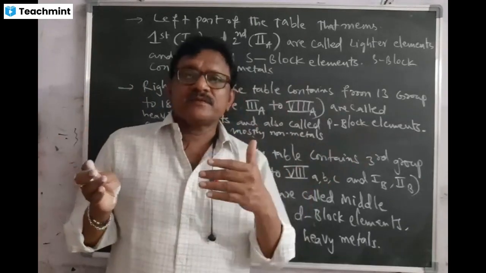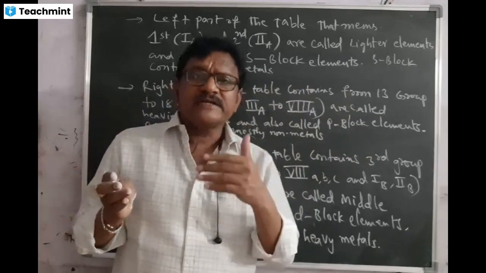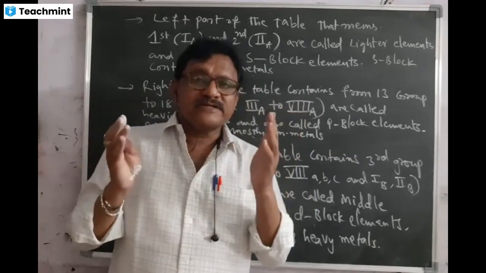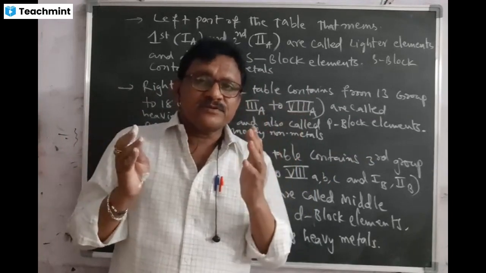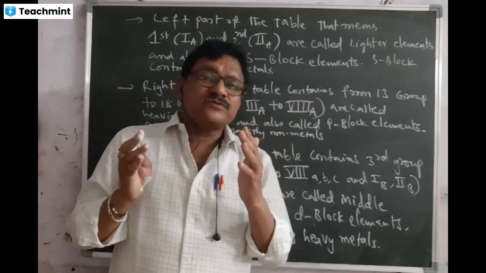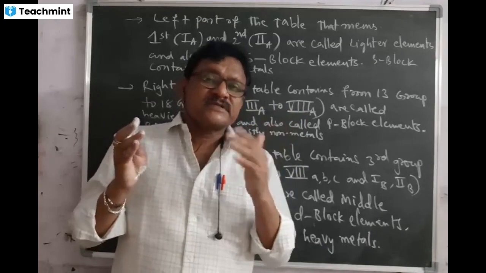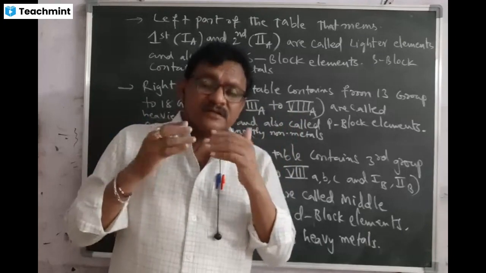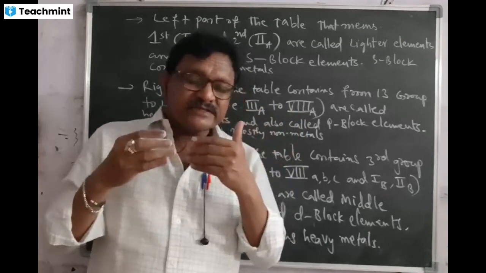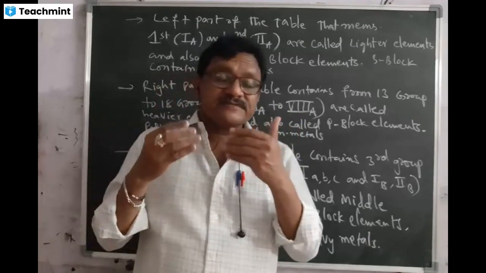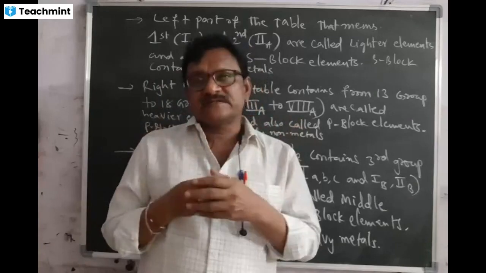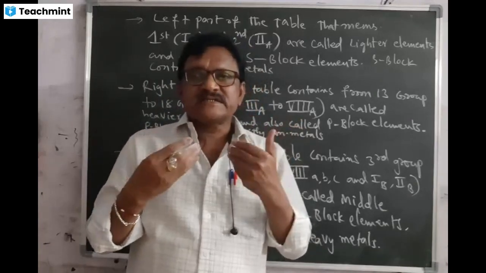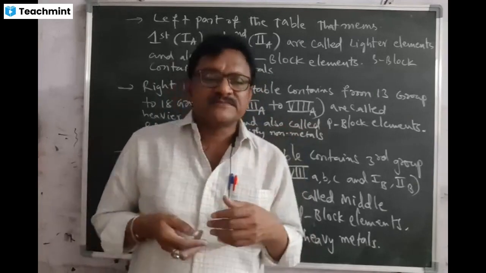So the total of 18 groups of the periodic table is divided into subgroups, A groups and B groups, for our convenience, to simplify the study of chemistry. Scientists made such a division.